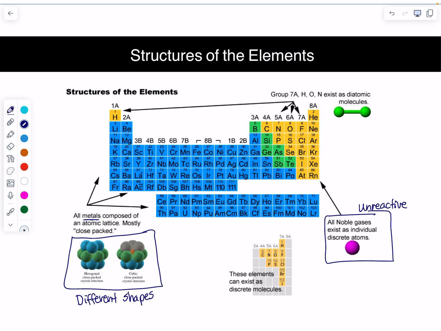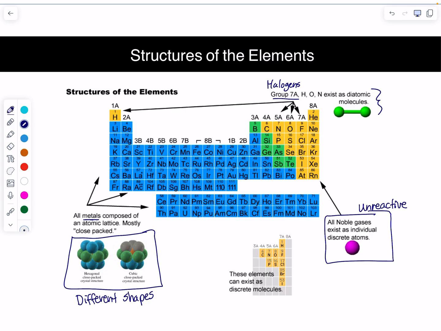And then our halogens are group 7A. That's this group here. And hydrogen, oxygen, and nitrogen are going to exist as diatomic molecules. Okay? Some of them can exist in other forms as well, like oxygen can exist as O3.